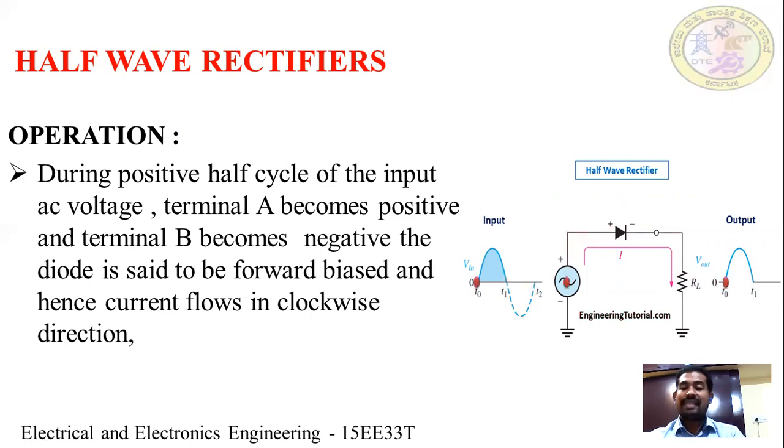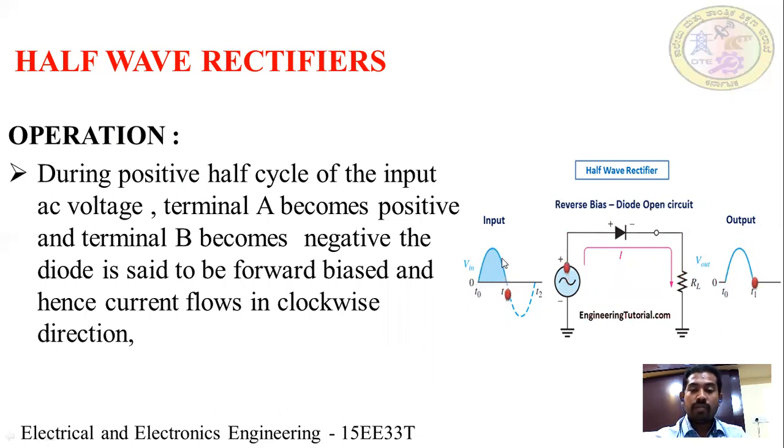Hence, the diode is said to be under forward biasing, and the current flows in clockwise direction.